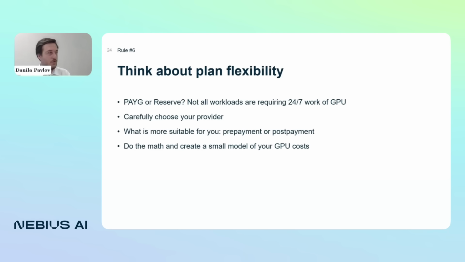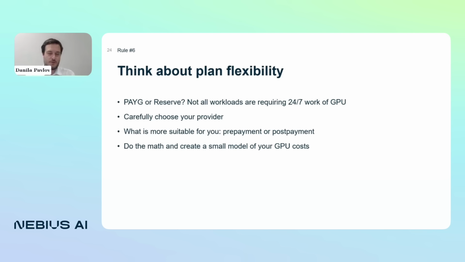Second, not all workloads require 24/7 work of GPU. Of course, there are cases when the GPU is running 24/7 every day for months and months. In this case, of course, reserve is the best option you can choose. But for example, if you have a training of a large language model, you basically have different steps while you train this model.